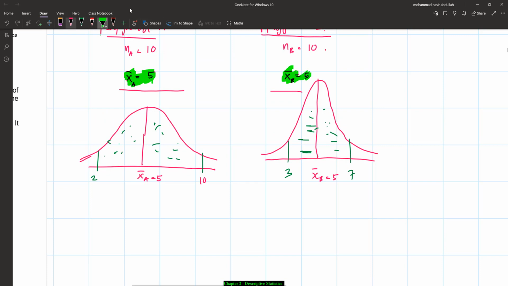So let's say we use S: S for A will be, let's say, 3.2, and S for B will be 1.5, for example, because the spread of the data for A is more dispersed compared to B. The definition of standard deviation or variance is the mean of the difference between the observations and the mean. That means the distance, so that you can see clearly what the definition of standard deviation is.